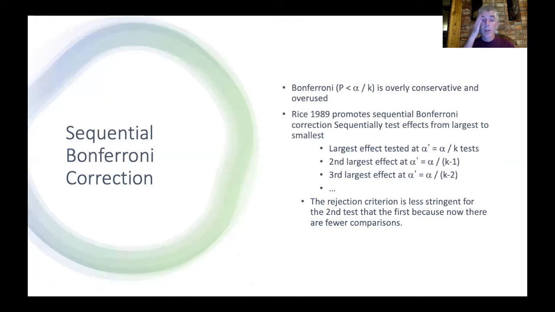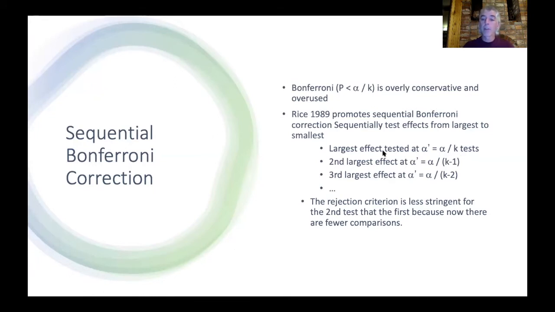And so there is a second approach that's been proposed called the sequential Bonferroni correction. In this sequential Bonferroni correction, we test our largest effect, or let's say our size measurement with the biggest difference between those two populations, and we test that at our typical Bonferroni level of alpha divided by k, which is the number of statistical tests that we're going to perform.